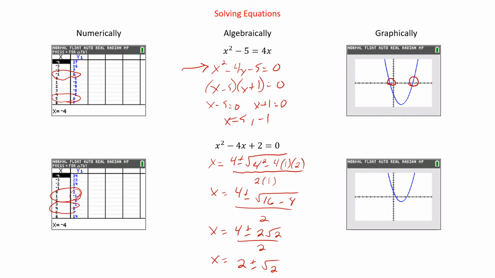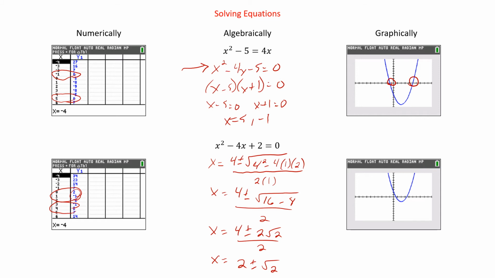Now here, if we were not able to solve this algebraically, or we were told to solve it graphically, we could use the zero feature of the graphing calculator and get a decimal approximation, but it's again not going to give us the 2 plus or minus root 2. It'll give us something that's really close, but not necessarily perfect.